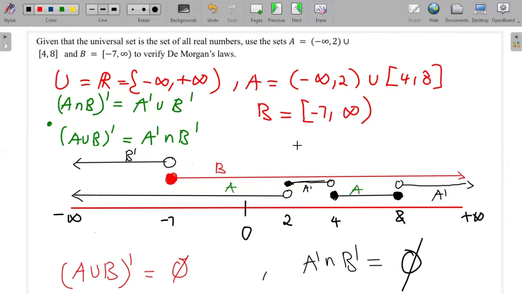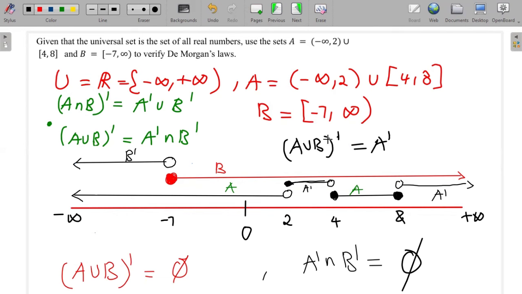So it's just as simple. It's expanding the complement. So I have A union B and then complement, right? So what you do to come up with the other side, you just get this complement and distribute it to whatever you have inside. So this complement, when you take it to the A, it will give you A complement.